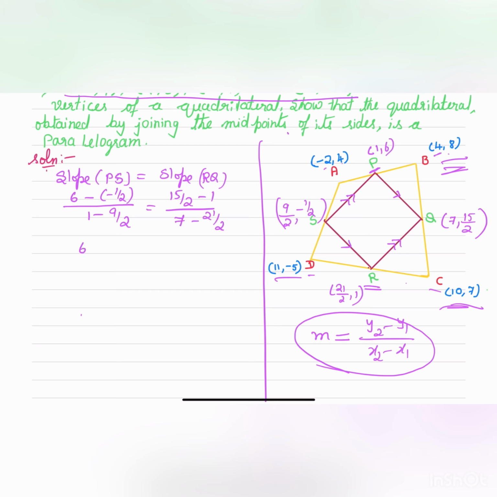And we will get (6 + 1/2)/(2/2 - 9/2) is equal to, the LCM is 2 here, (15 - 2)/2 divided by, 7 here, LCM is 2 again, (14 - 21)/2.